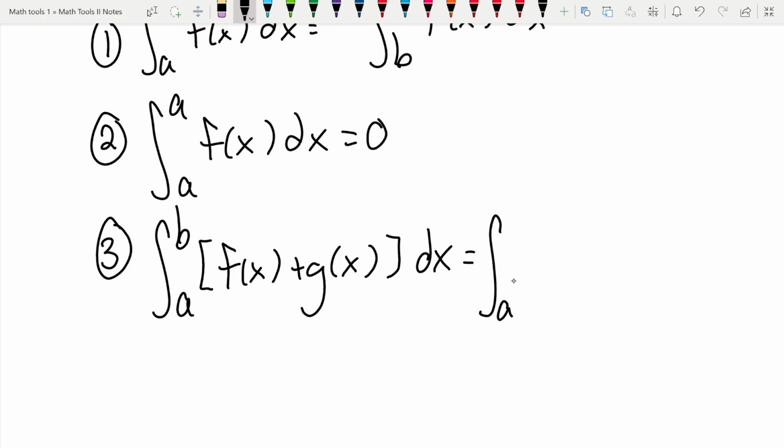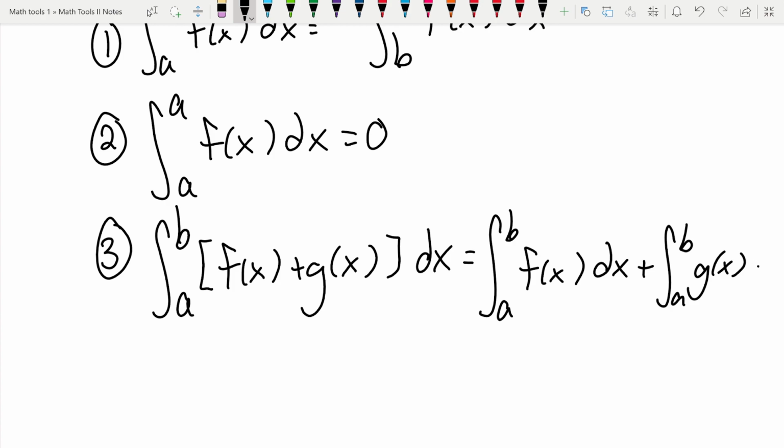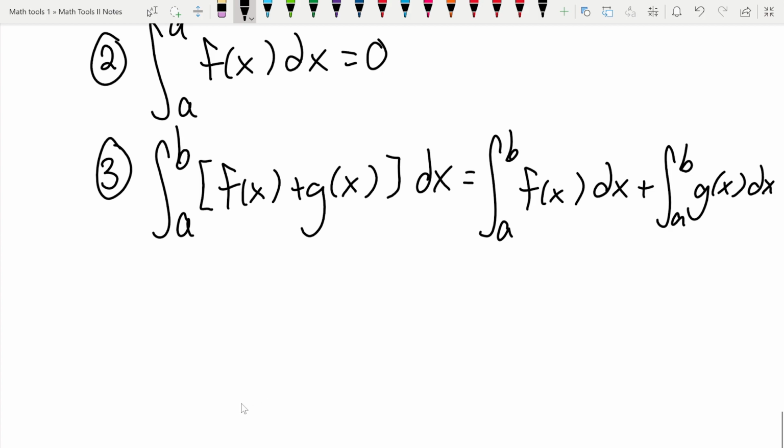So overall we can do these separately: the integral from a to b of f of x dx plus the integral from a to b of g of x dx. So the integral can be broken up over addition, just like derivatives could as well. And you could also have subtraction, so I'll write plus or minus in here. Subtraction is the same thing.